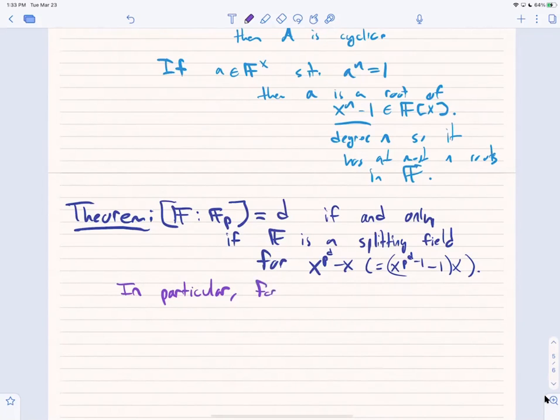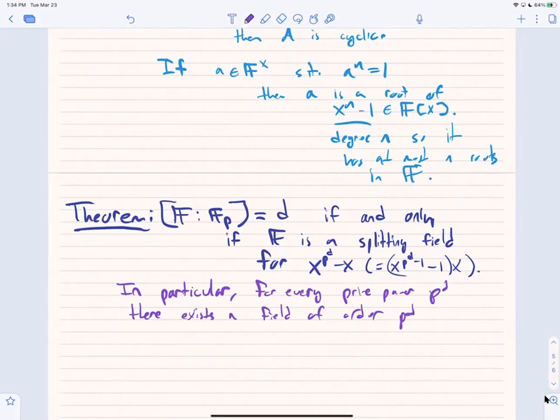So for every prime power p to the d, there exists a field of order p to the d. So again, just take the splitting field of this polynomial.